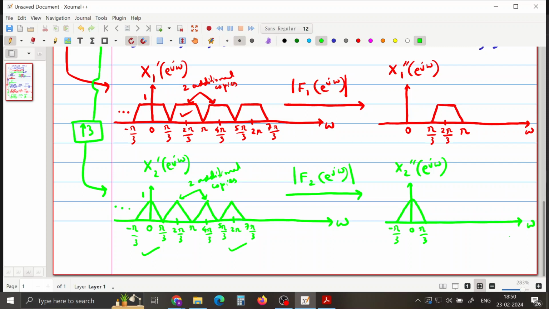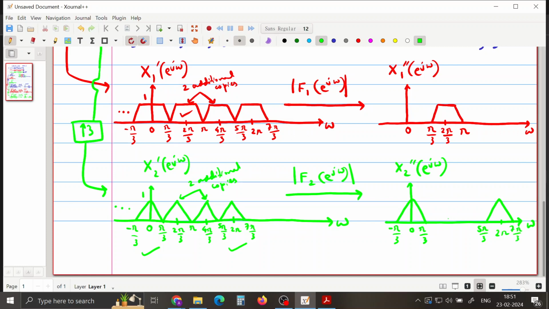So 2 pi, let me note somewhere here. So 2 pi would be like this. The drawing is not good. Yeah, something like this. So this is the last copy which is passed through, centered at 2 pi.